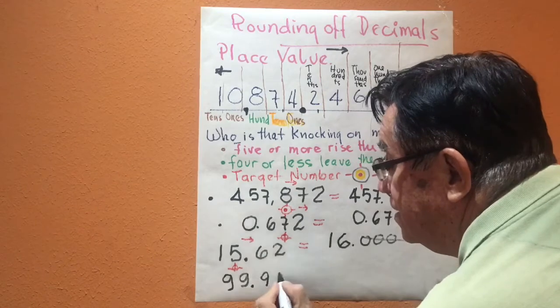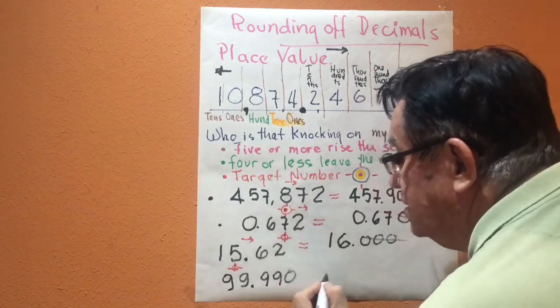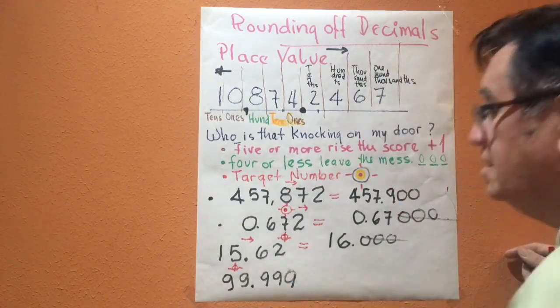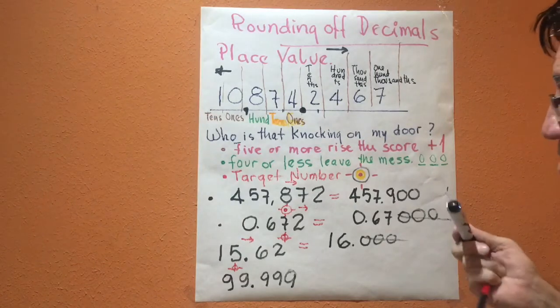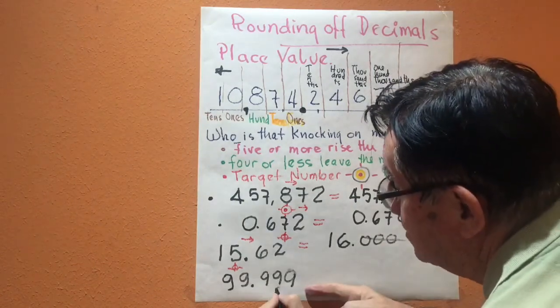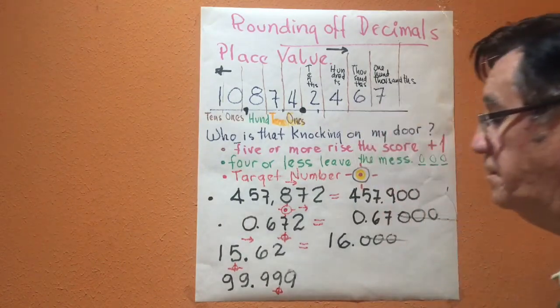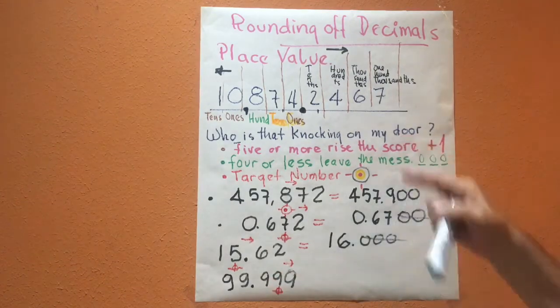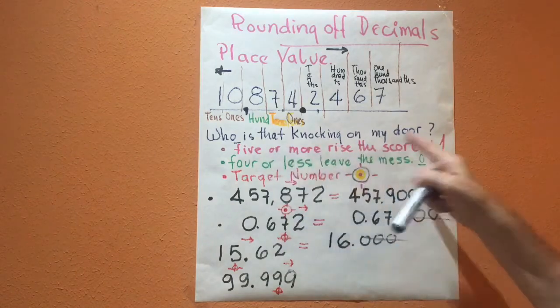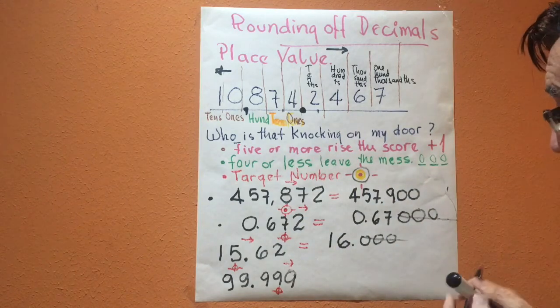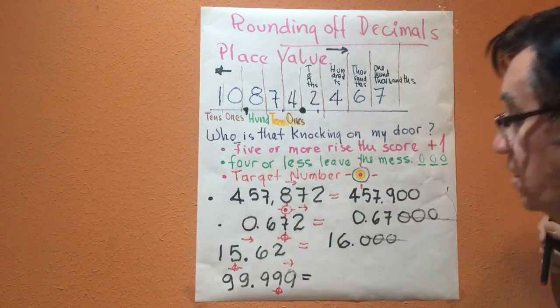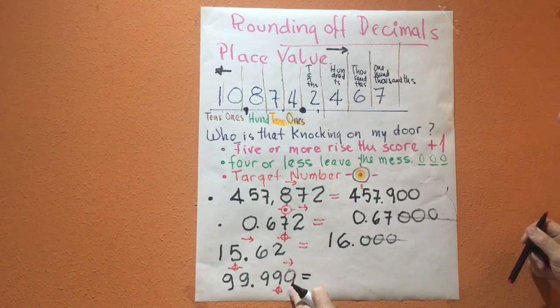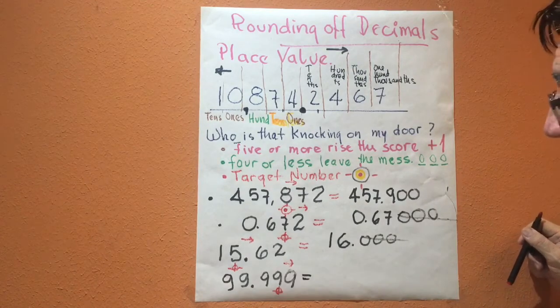Okay? Well, what happens if I have a number like this? Well, my target number is this. Okay? Very good. Who's knocking on my door? 5 or more, raise the score. All right? Okay, let's raise the score. The next number after 9 is 10.